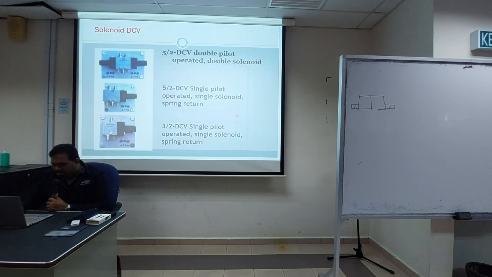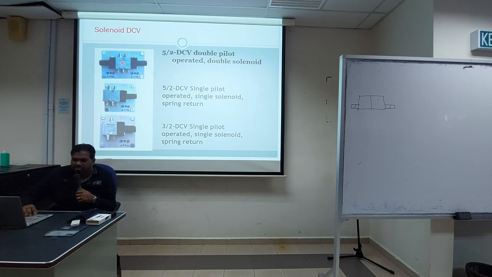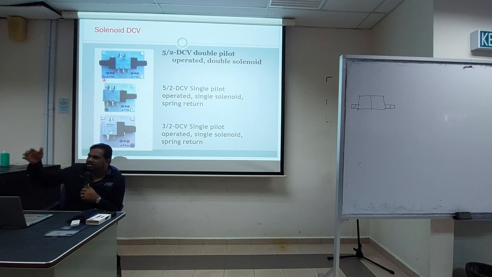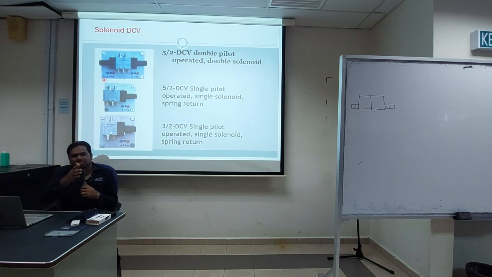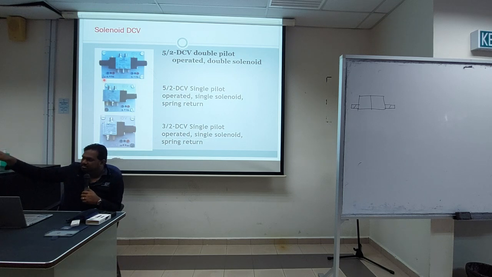Okay, so ini adalah physical solenoid yang you boleh tengok dekat lab nanti. Dekat lab mechatronic system design, normally you will sit at the front part. Waktu you masuk tu ada banyak board. On your right hand side ada hydraulic system.